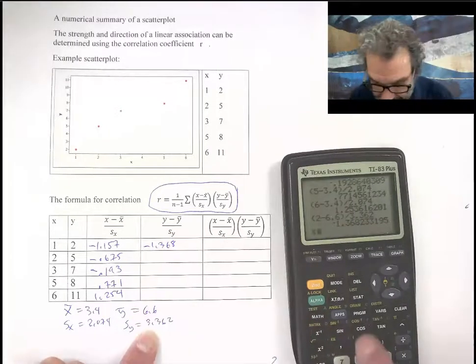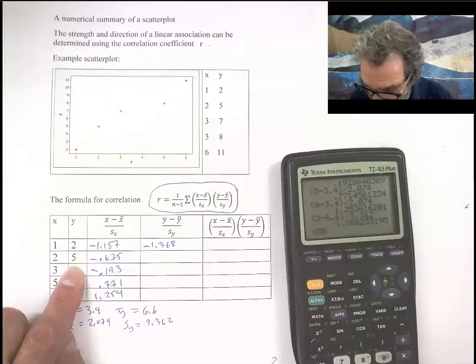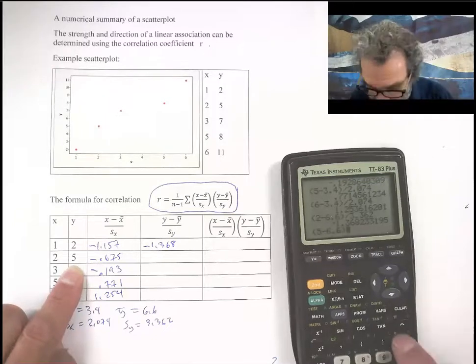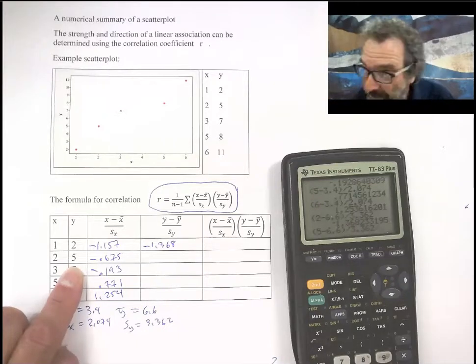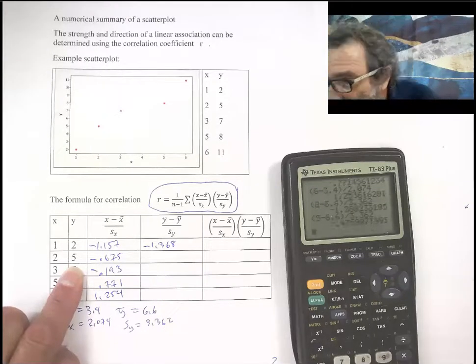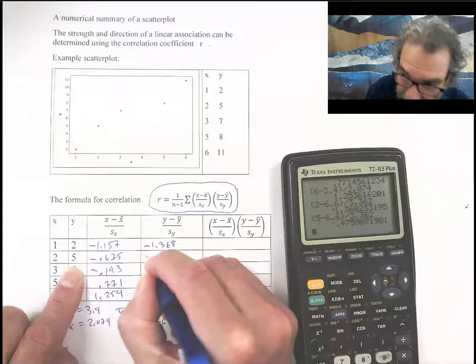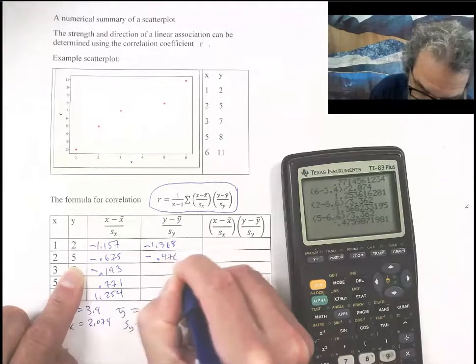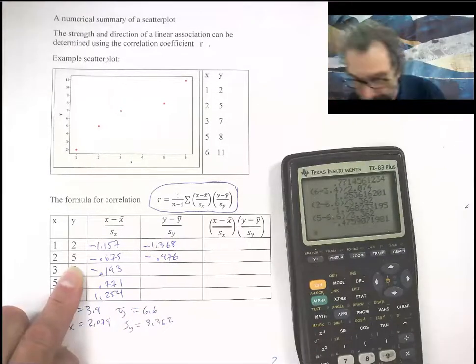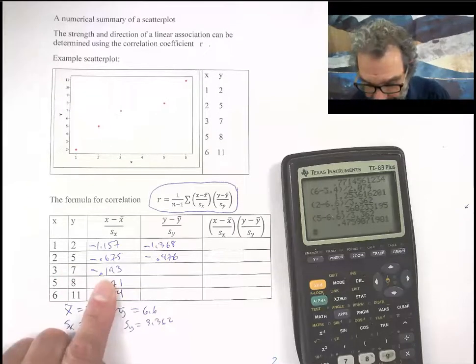And then the next one is 5. 5 minus 6.6 divided by 3.362. So ordinarily when I do this in class, people can stop me when I mess up. Here I'm doing it all by myself. So when I make a mistake, I won't even know. Oh, maybe that's better that way. I'm not convinced.